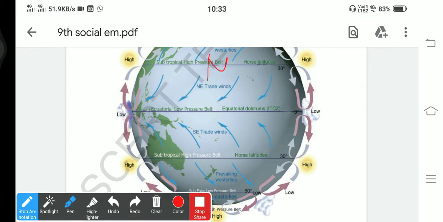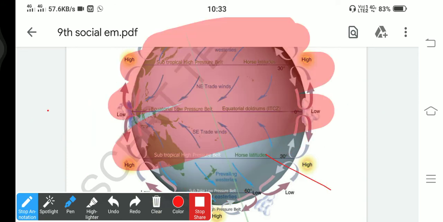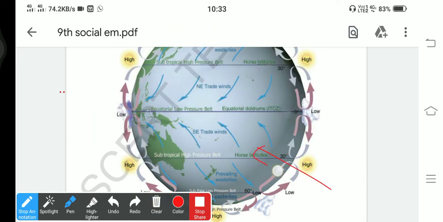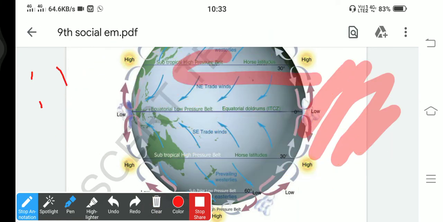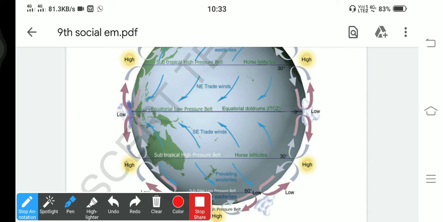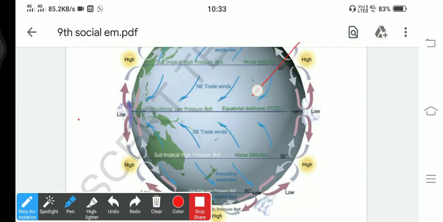You know, this is north direction, south direction, east, west. And what is this direction? This is the direction we call southeast, right? And this is the direction. I'm giving an arrow marker.